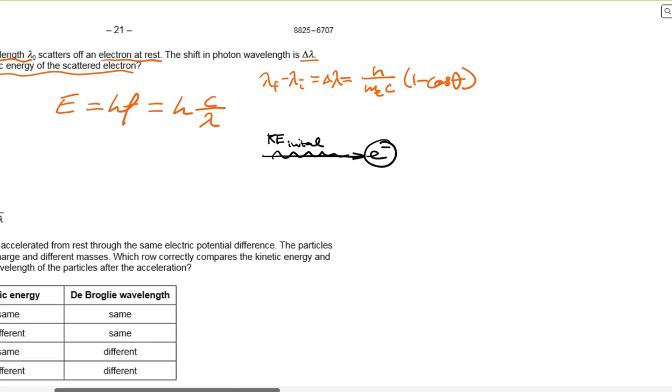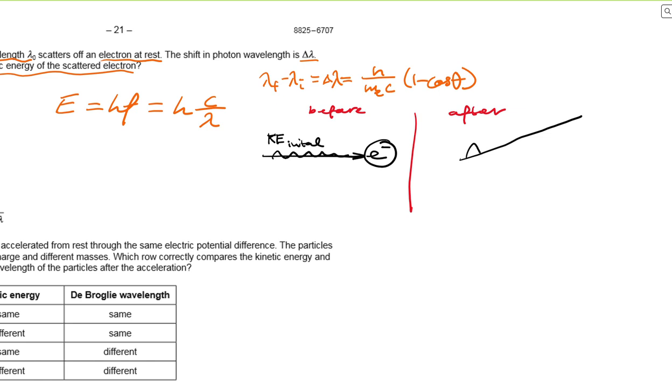Then let's draw a line: before, after, and we have this longer wavelength scattered photon and a scattered electron.